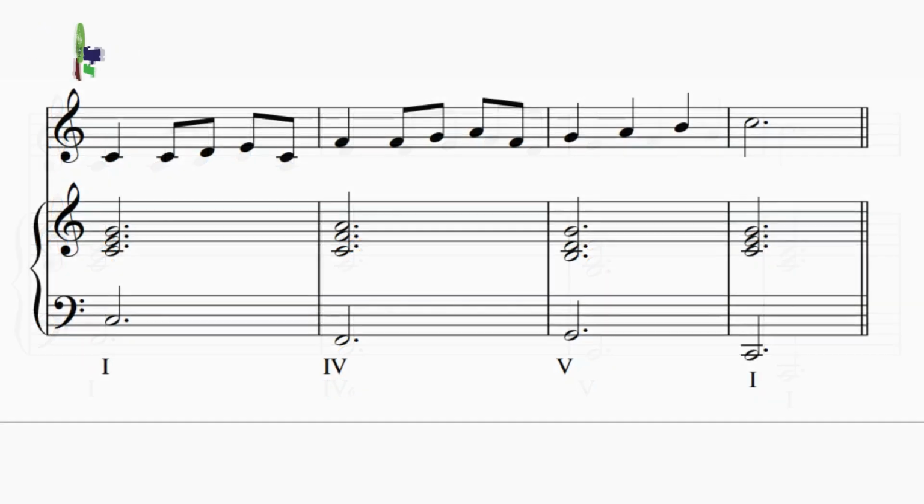Now we're going to add some more rhythm to this example, and first of all we're going to consider that this is a 3/4 because I can fit 3 crotchets or quarter notes per bar or equivalent to that.